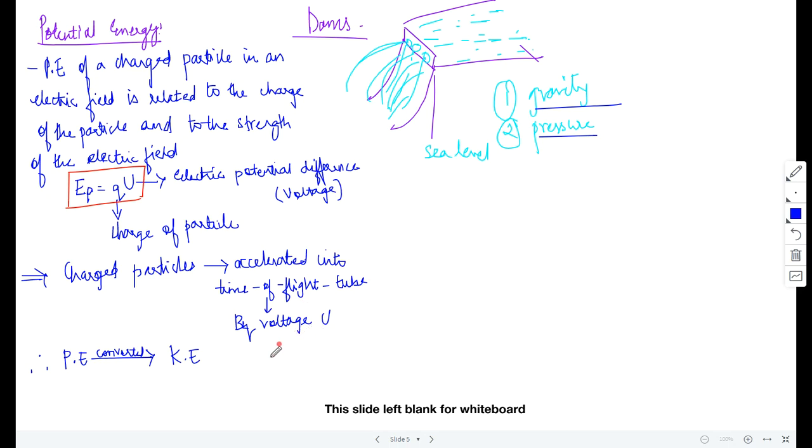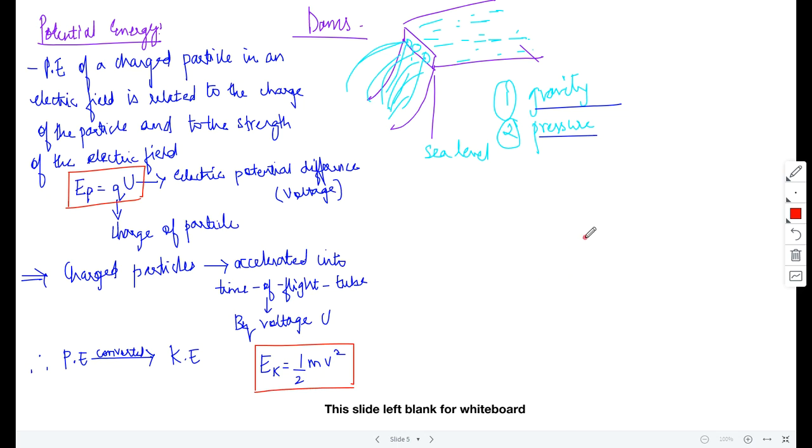And now kinetic energy is expressed as Ek equals half mv squared, where m is the mass and v is the velocity. Clear? Two different values here, one for potential energy, one for kinetic energy.